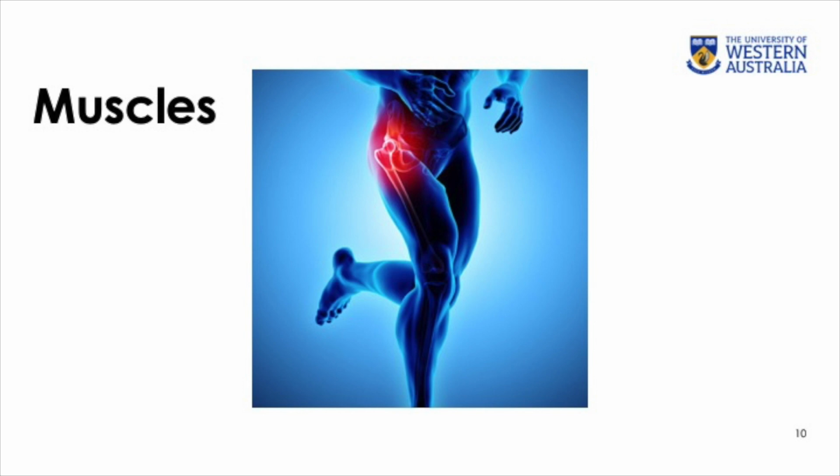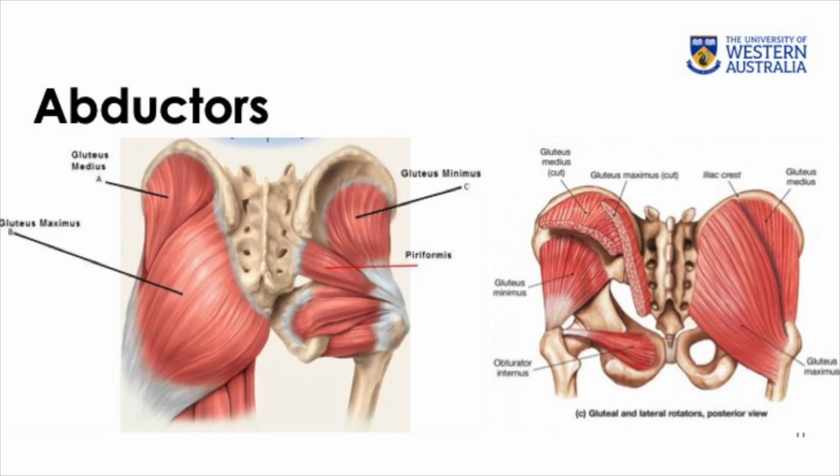Next we'll look at muscles that move the hip, divided into groupings by function. First, the abductors of the hip, most important being the gluteus medius and minimus, which are both supplied by the superior gluteal nerve. The gluteus maximus is supplied by the inferior gluteal nerve.